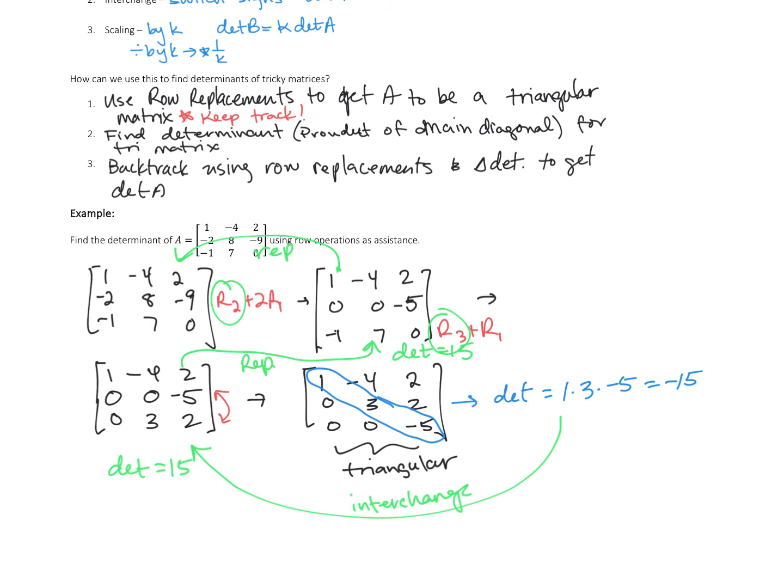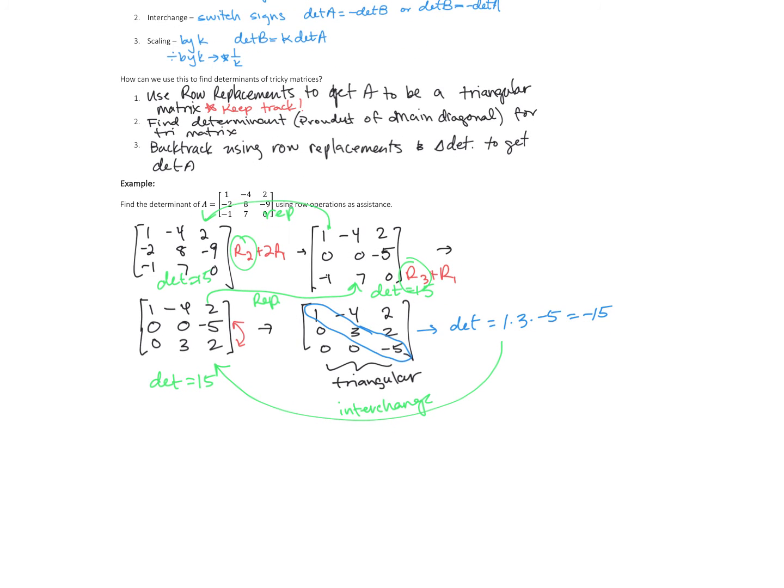Not what we want to do. So we did a replacement, which means that the determinant here is 15. So that tells us that our determinant of A is 15, right?